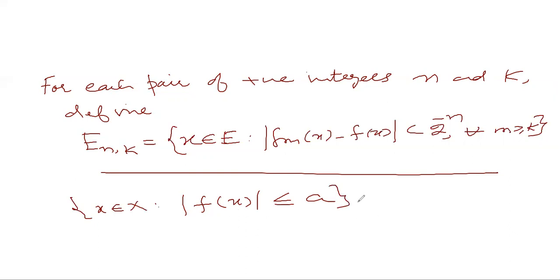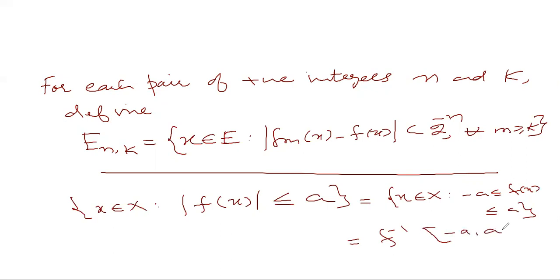Because this can be written as the set of x such that minus a is less than or equal to f(x) and f(x) is less than or equal to a. So you can see this is the inverse image of the closed interval from minus a to a. Since f is a measurable function, the inverse image of a closed set is measurable, and the closed interval from minus a to plus a is a closed subset of R. So its inverse image must be measurable.